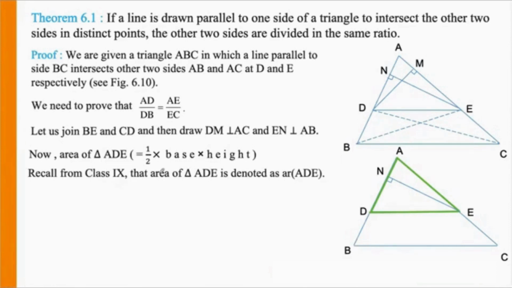Recall from class 9 that the area of triangle ADE is denoted by ar, and in the bracket we write the name of the triangle. So area of triangle ADE is equal to half into AD into EN, where EN is the height.